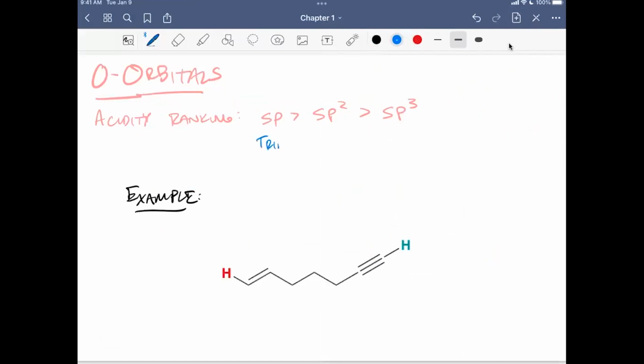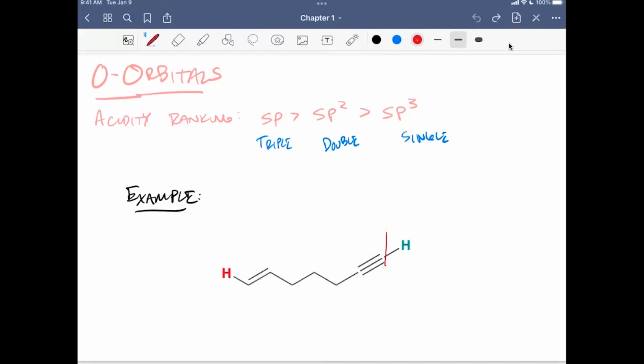So again, sp is triple, sp2 is double bonds or pi bonds, and sp3 is single bonds. So in the last step of ARIO, if you have a triple bond, it's going to be more acidic than a single bond. So for this example right here, we have a blue hydrogen and a red hydrogen.